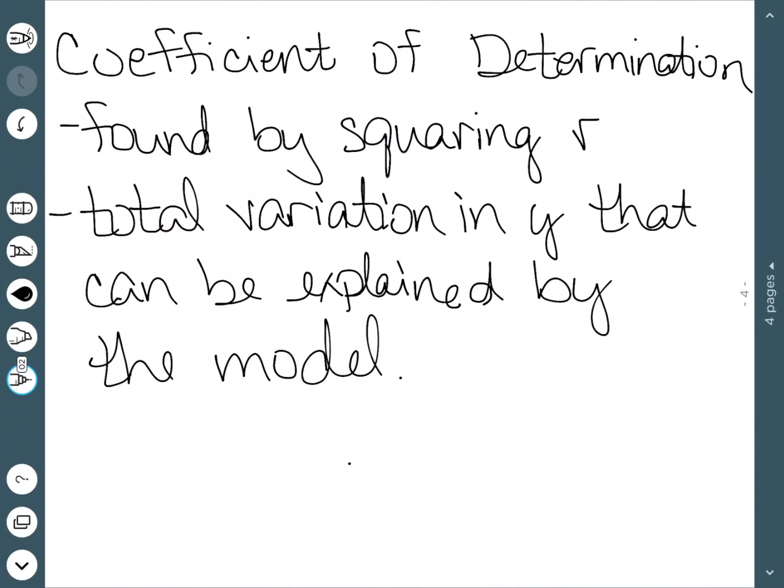And that does not imply that one is going to cause the other, but it's just that we can explain it with the change. As an example, one thing that's highly correlated is the number of ice cream sales and the number of drownings per year. And our coefficient of determination is very high.